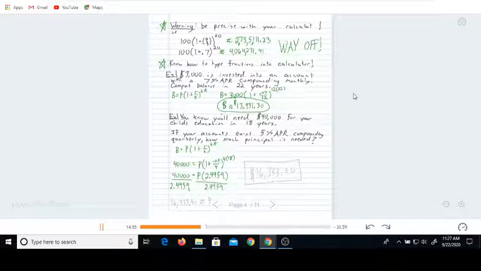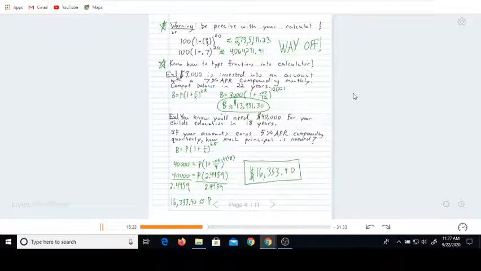And you get principal is approximately 16,353.90. So you would need approximately $16,000 in principal invested, and in 18 years that $16,000 would become $40,000 approximately.